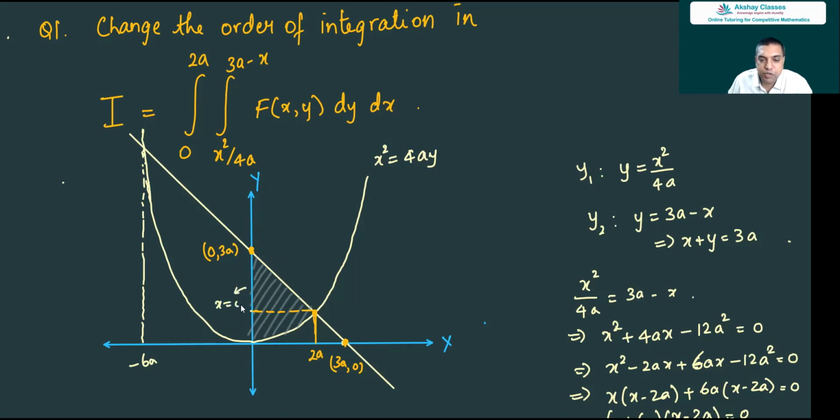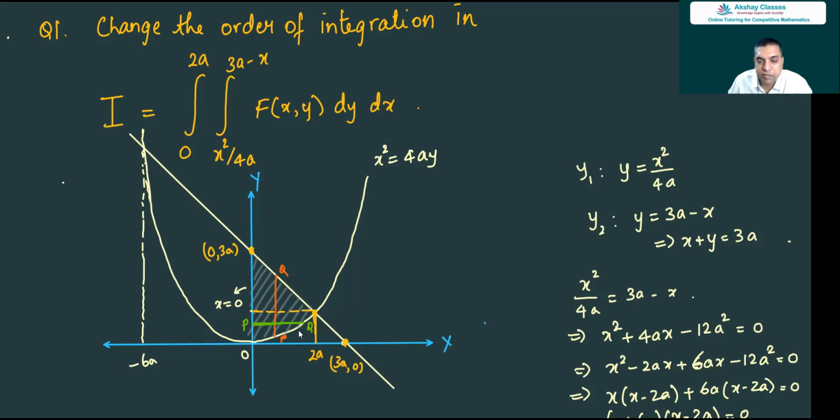And now we have two curves. I'll draw the vertical strip PQ. Now we don't want this vertical strip. I will take a green line here. We want the horizontal strip.